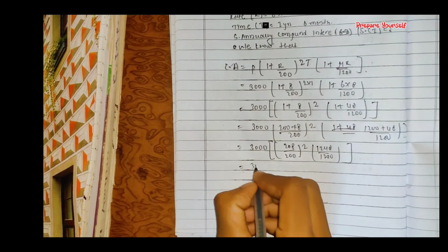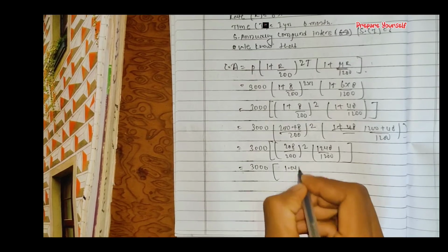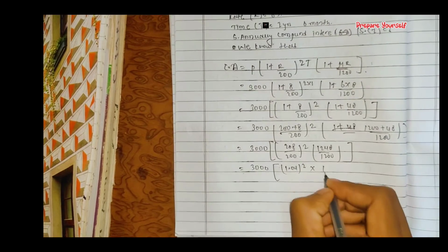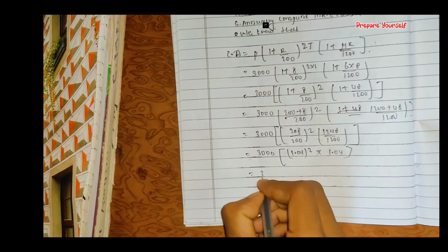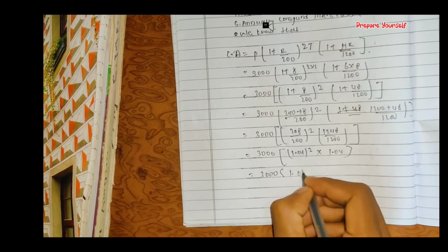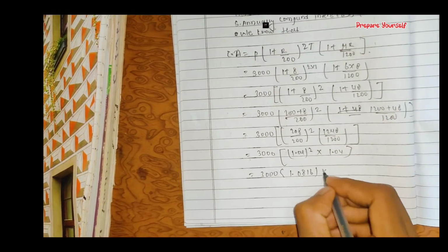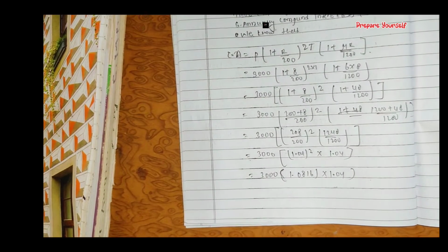When we divide, 208 by 200 will be 1.04 squared, into 1.04. When you square this it becomes 1.0816, and now we multiply this with 1.04.